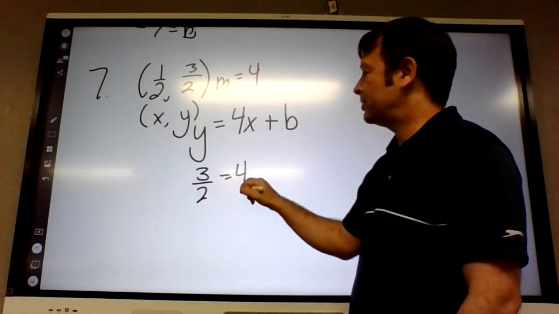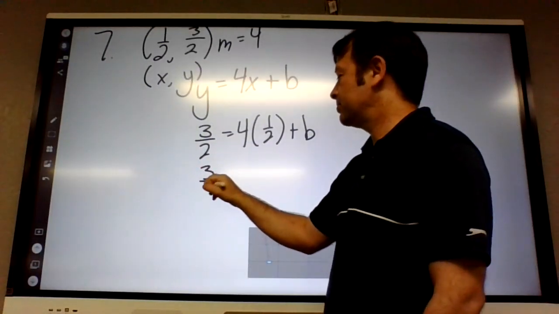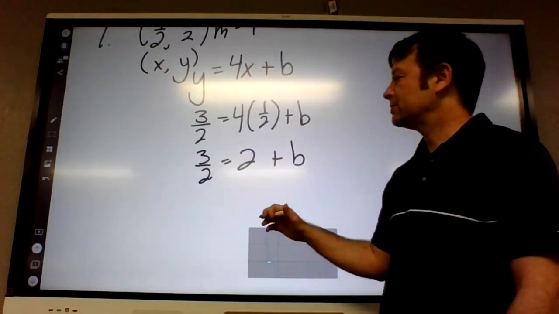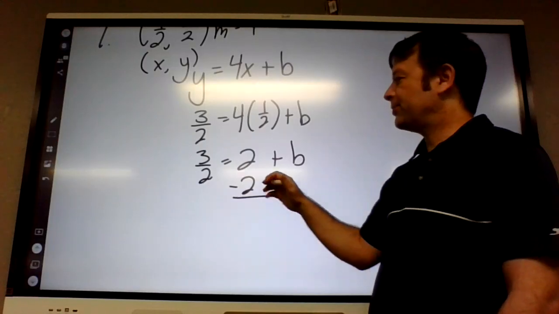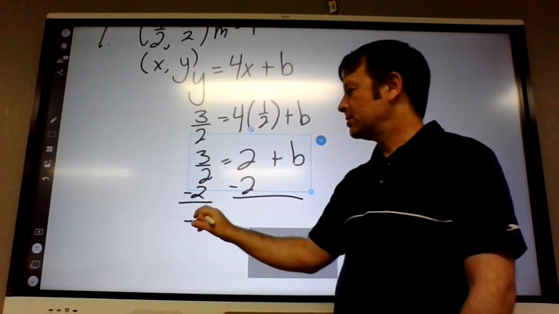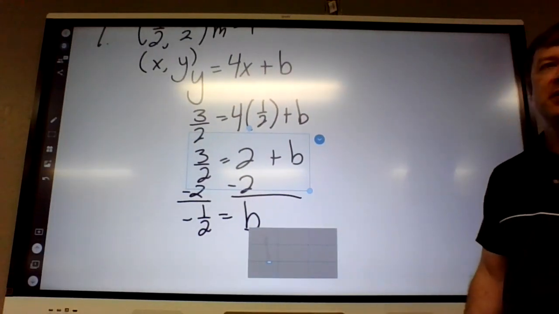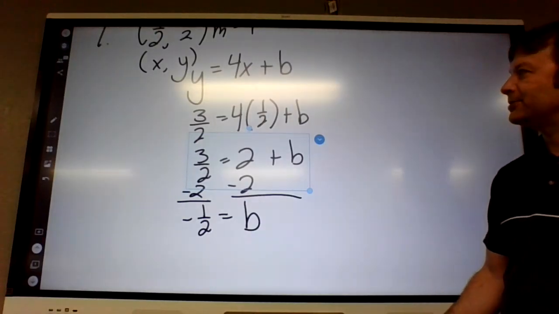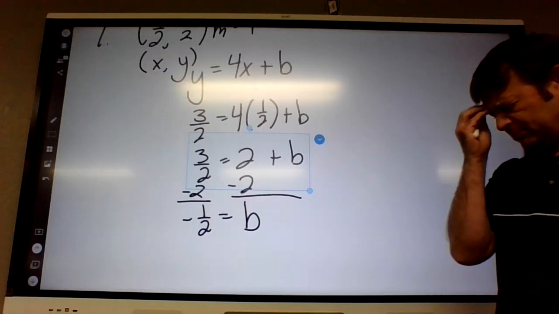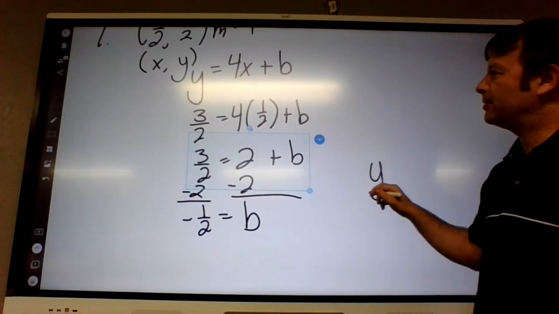Okay, 1/2 times 4 equals... what's half of 4? 2. So how do we solve that for b? So 3 halves is basically 1.5, minus 2. So it's negative 1/2. And then Skylar, do you remember what we did with that? Yeah, that's the b value.